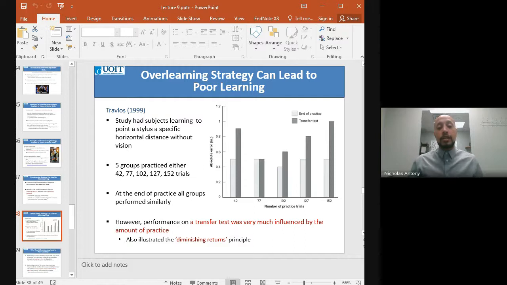So does everyone get this idea of overlearning and the concept of diminishing returns that can happen after 50% overlearning, which is typically true of simple tasks and closed skills?